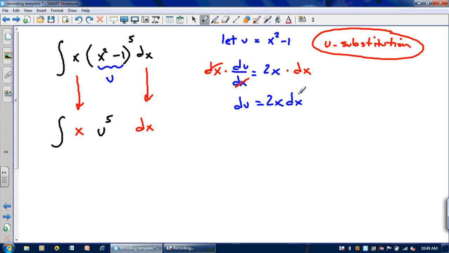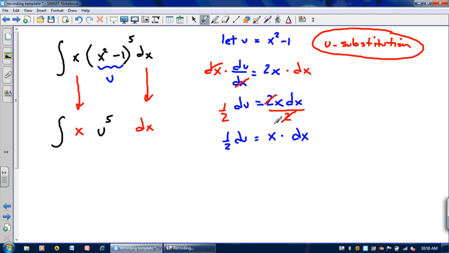I'm almost there. I have 2x dx, and so what I want to do now is divide both sides of this equation by 2. Now the 2's cancel here, and on the left side I'm left with 1/2 du, and on the right side, x times dx.